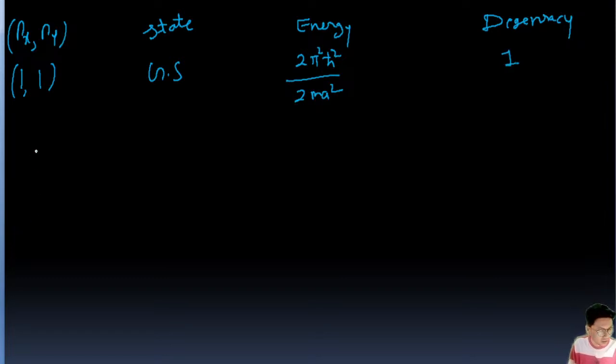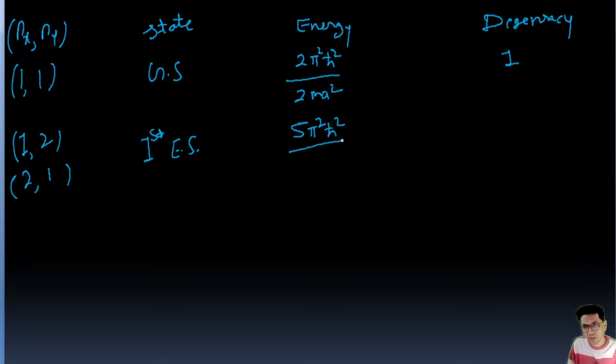For first excited state, the values of nx and ny are 1 2 and 2 comma 1. Energy is going to be 1 plus 4, that is 5 pi square h cut square upon 2ma square, and degeneracy is going to be 2.